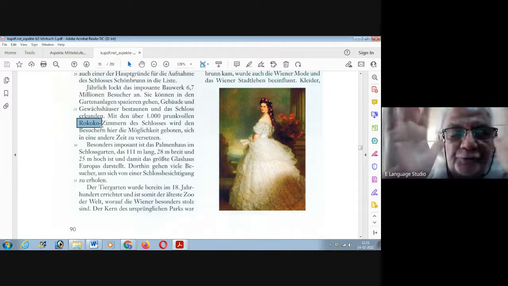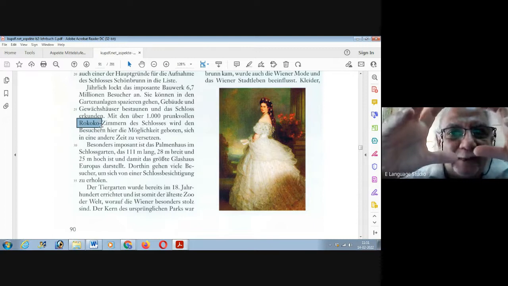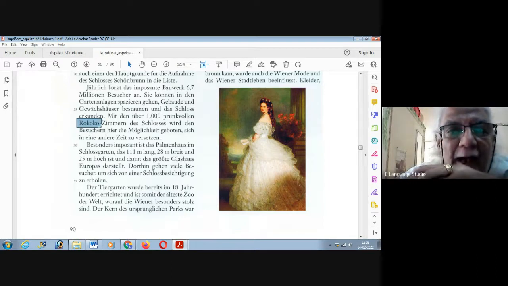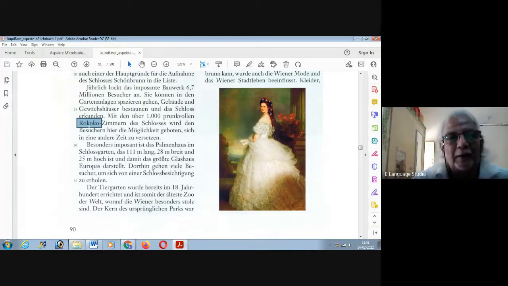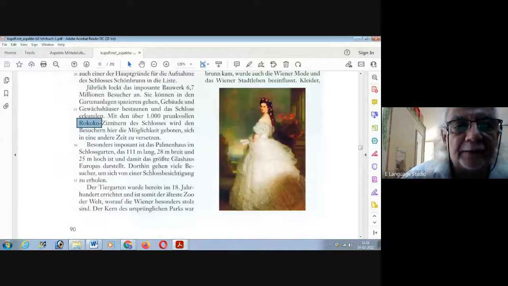They're all part of the vocabulary of culture, vocabulary of art. Have you heard of this word Rococo earlier? In English, how is it spelled with C? R-O-C-O-C-O.